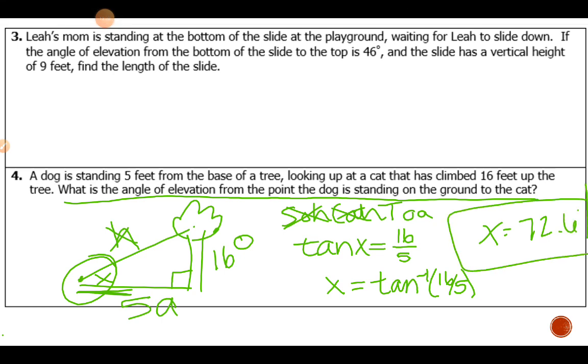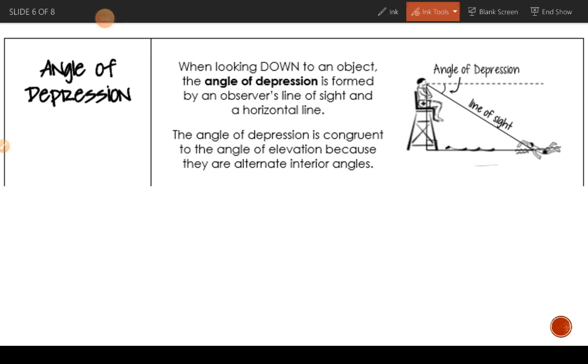Okay? So now let's talk about the angle of depression. So the angle of depression is when you're looking down at an object. So it's actually outside. See how up here it's outside of the right triangle.